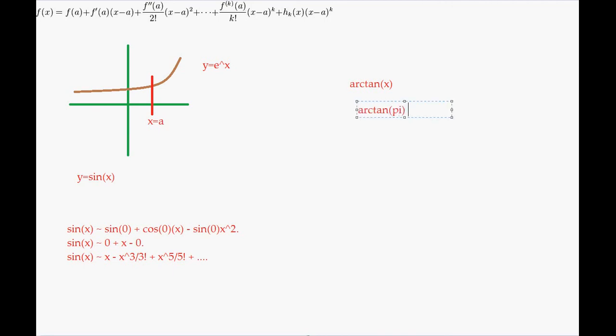So then if we use a high enough approximation, and you know that in radians, arctan 1 equals pi over 4, then we can take this entire series for arctan and plug in 1 for x, and then multiply our result by 4 in order to obtain an approximate value for pi.